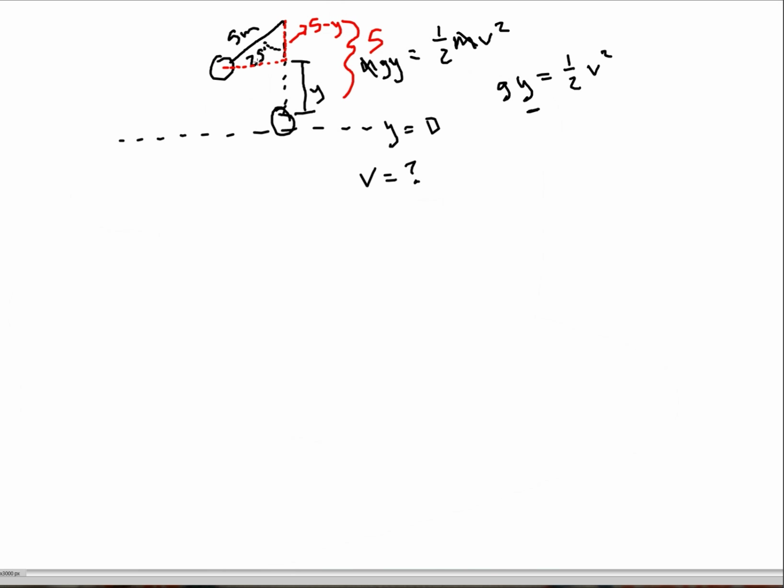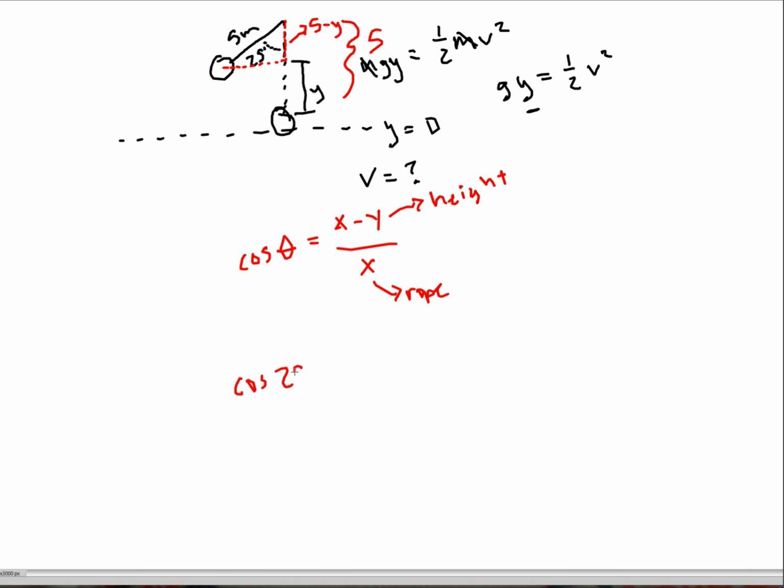So what I can do is utilize the fact that cosine of 25, in other words, cosine of theta, is x minus y over x, where x is the length of my string or rope, and y was the height. Again, cosine of theta is adjacent over hypotenuse, so that's 5 minus y over 5. So here we go.